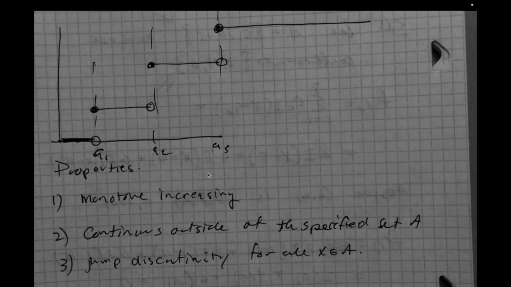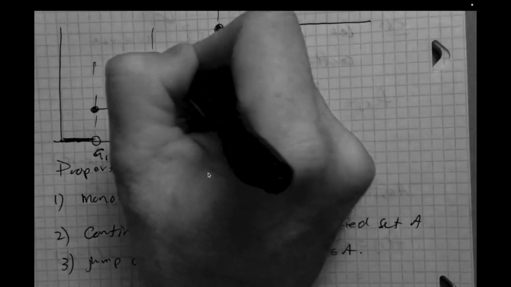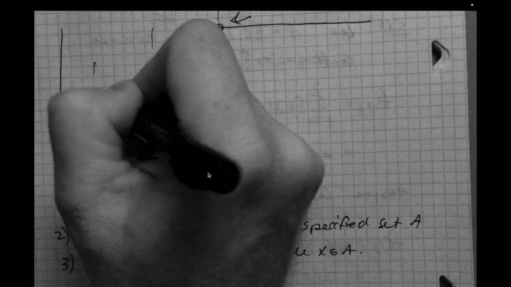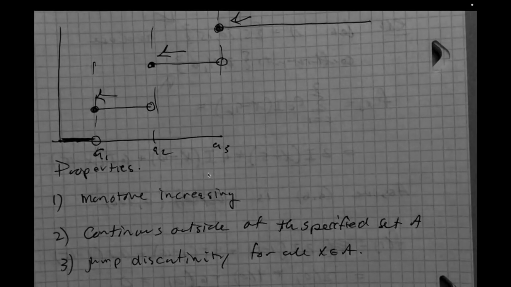Okay. And then we can also say something about these jump discontinuities. You can see how it's constructed. You have right continuity at each of these jumps, right?